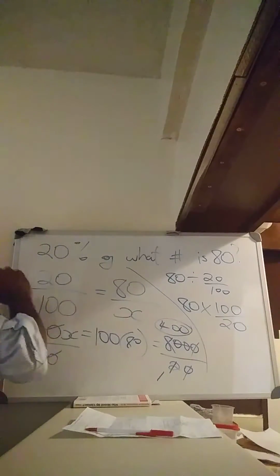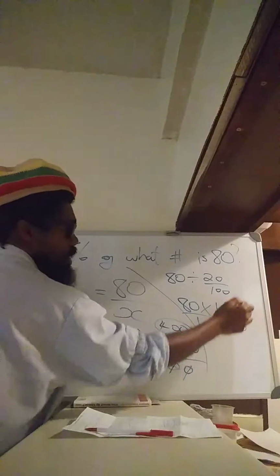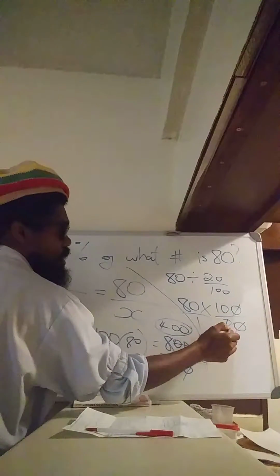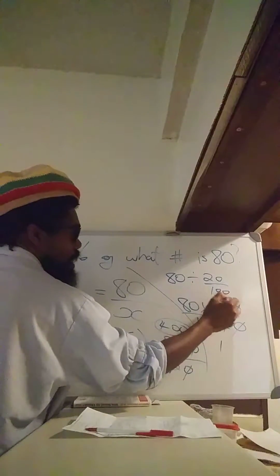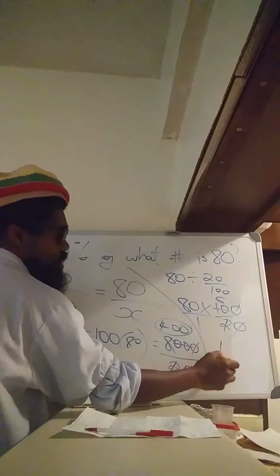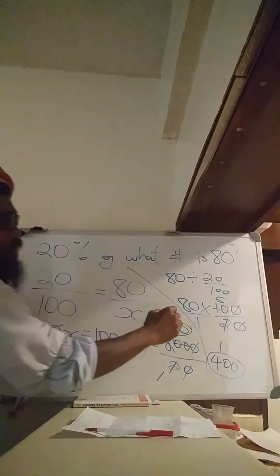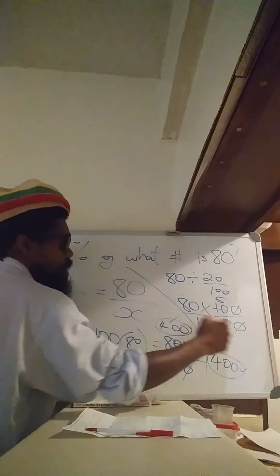And once we get it like that, we can go ahead and reduce and cross-reduce if we like. So 0 cancels 0, 2 into itself is 1, 2 into 10 is 5. So now we're left with 80 times 5, which gives us 400. So either way, we should still get 400 here and 400 there.